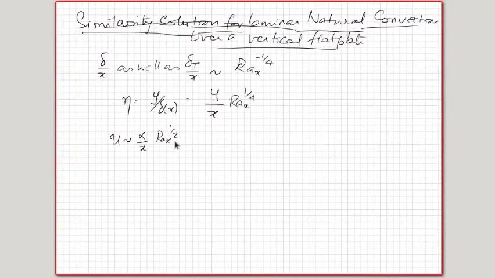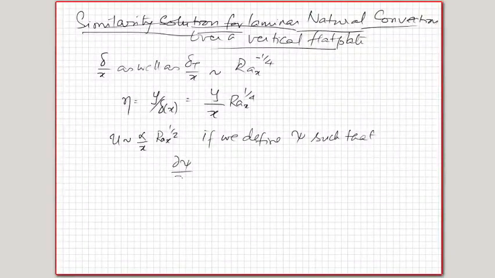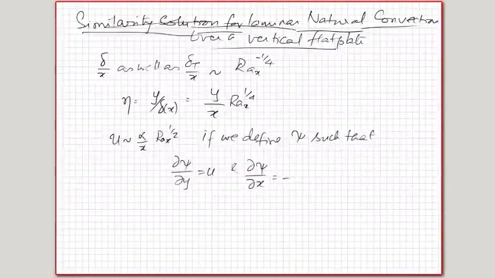Since this is the case, if we define a stream function psi such that del psi by del y equal to u and del psi by del x equal to minus v, this is the usual definition of a stream function.